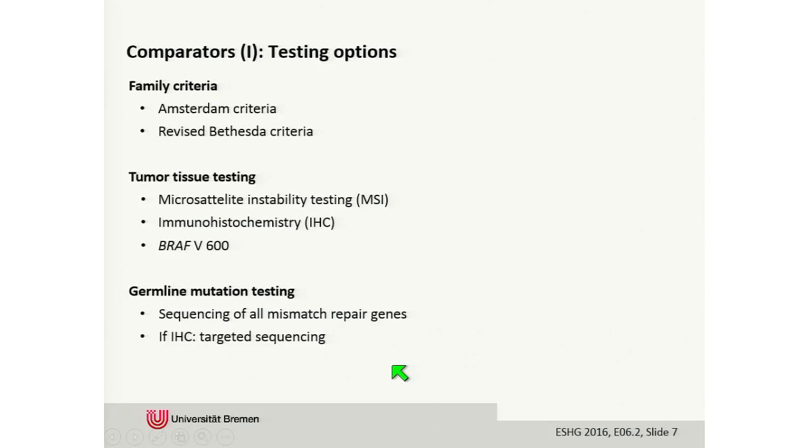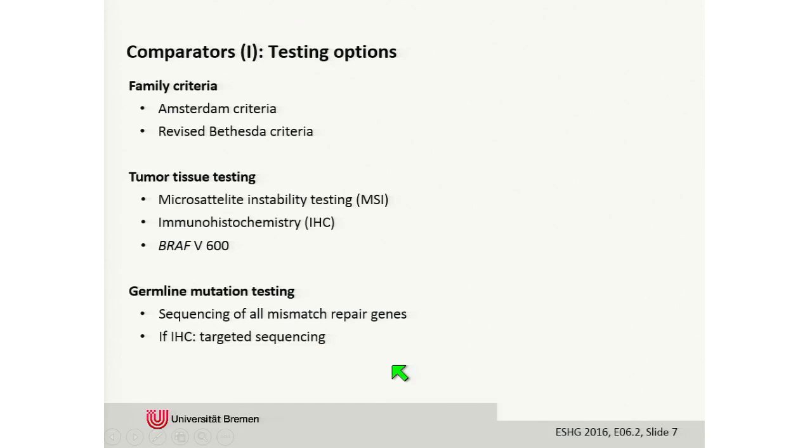Second, comparators. As I also said in the beginning, there are very many comparators when you assess diagnostic testing strategies. In the case of Lynch syndrome screening, the first thing you can do is use the Amsterdam or the revised Bethesda criteria as clinical criteria for selecting high-risk people. Second, you can do tumor tissue testing by means of different methods: microsatellite instability testing, immunohistochemistry, or BRAF testing.